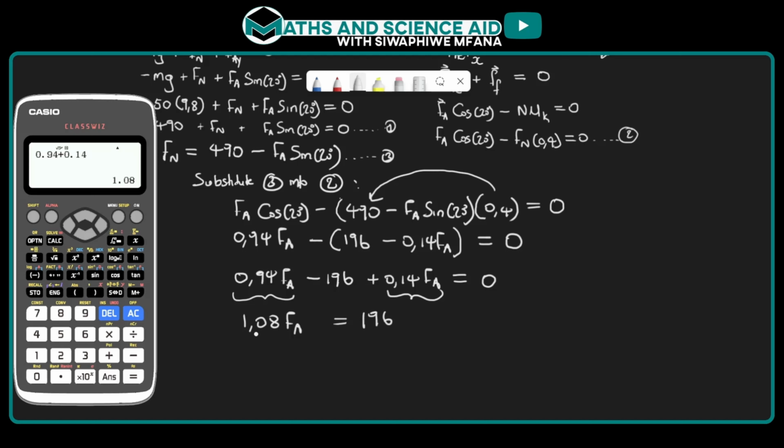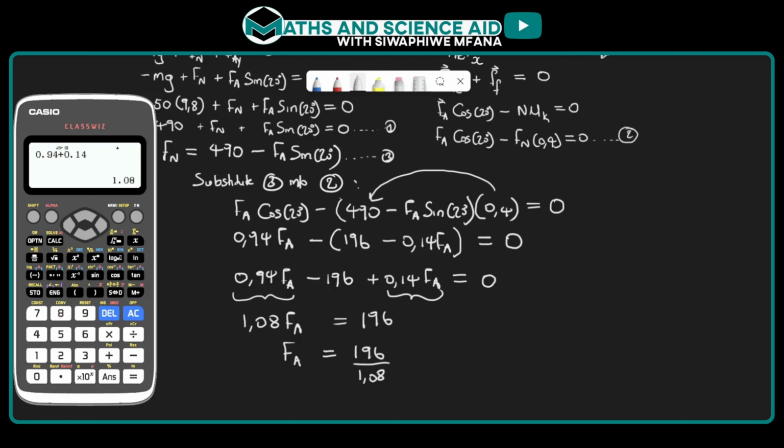And lastly, we can just divide both sides of the equation by 1,08, so that on the left hand side we are only left with Fa, and then on the right hand side we will have 196 over 1,08.